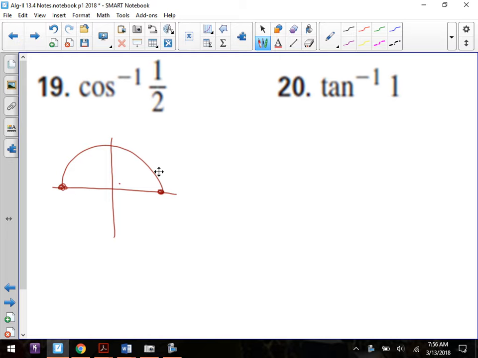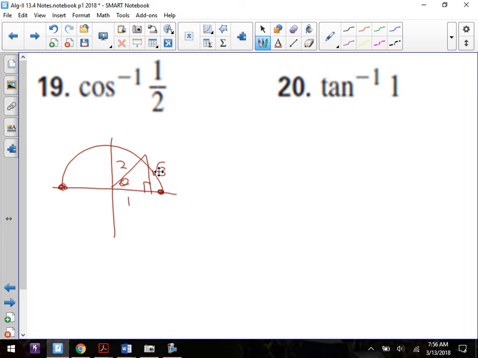So you have to start thinking which triangle has a theta value that has an adjacent of 1 and a hypotenuse of 2. That means this is a 1, that's a 2, which means its opposite would be root 3. What angle is that? 60.